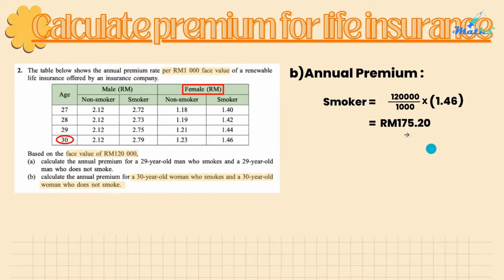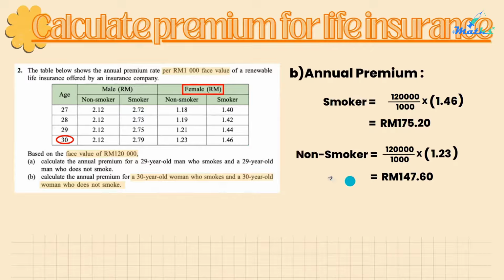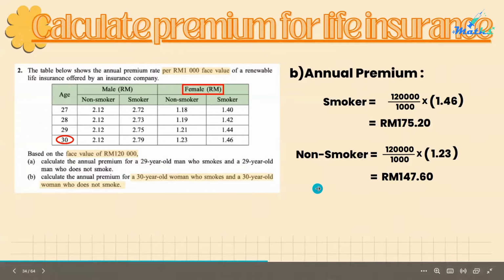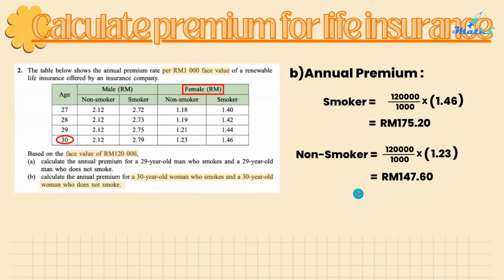Let's calculate the annual premium. For the smoker, we multiply by 1.46, and for the non-smoker female, we use 1.23. And here is the answer for the annual premium for a 30 years old woman who smokes and who does not.